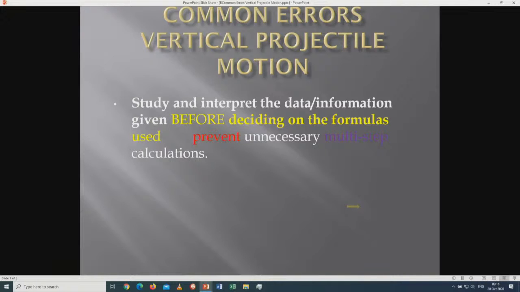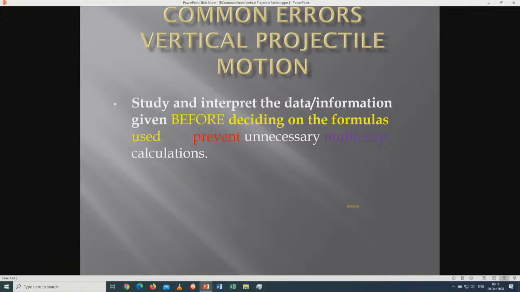Because that will help you decide which is the most effective formula to calculate what's been asked for, the final velocity or the time taken.